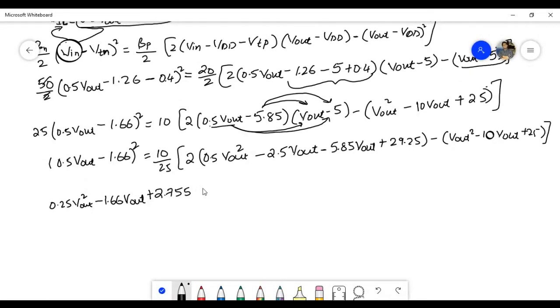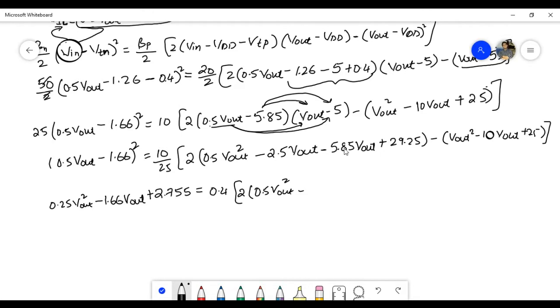2.755 equals to 10 by 10. 10 by 25 will be 0.4. Okay, so just evaluate this: 2 into 0.5 V out square.